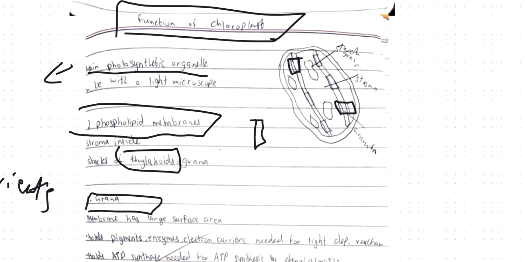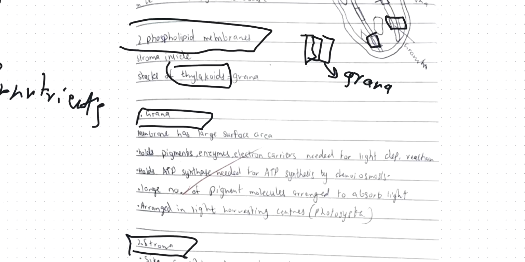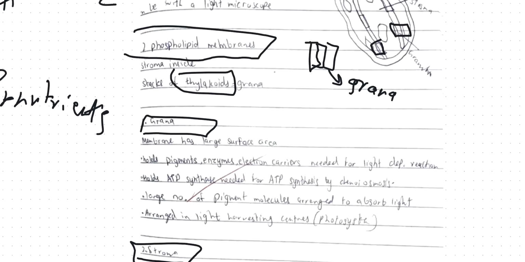When a lot of these thylakoid membranes stack on each other, they make something called the grana. All of this is the grana. Now, what is present in the grana or the thylakoid membranes? The grana has a large surface area because a lot of thylakoid membranes stack on each other.